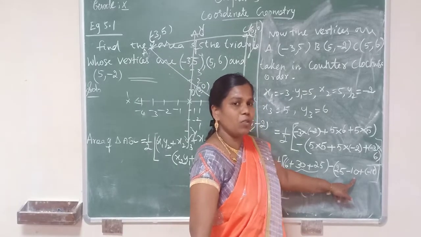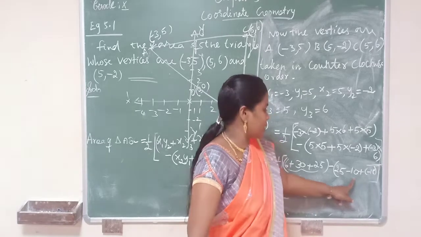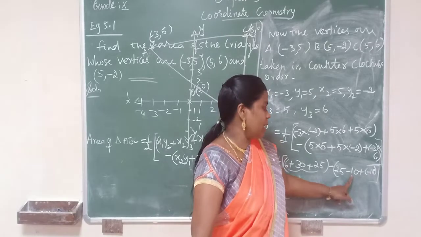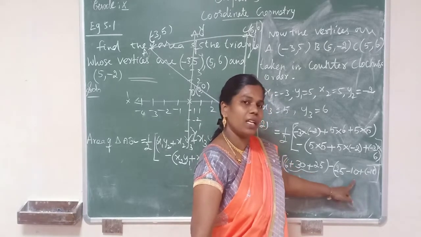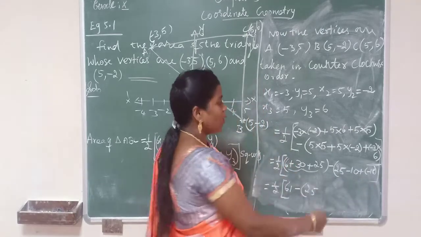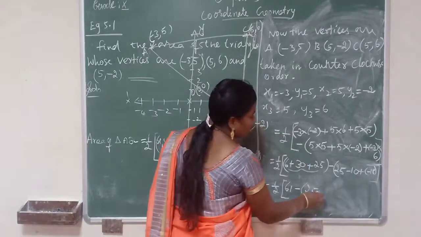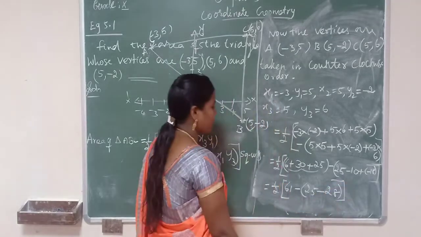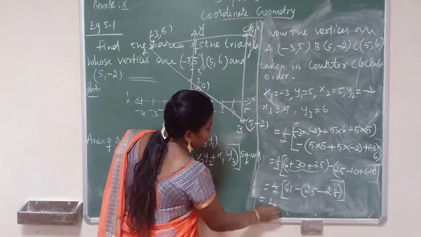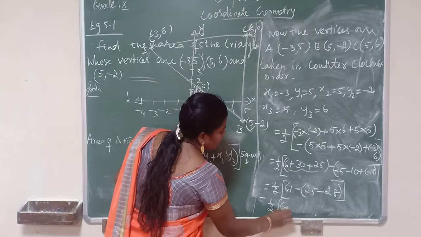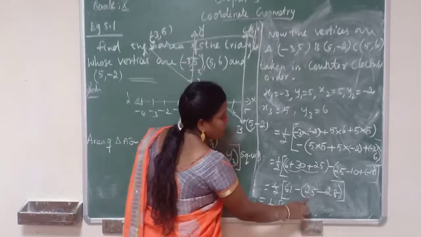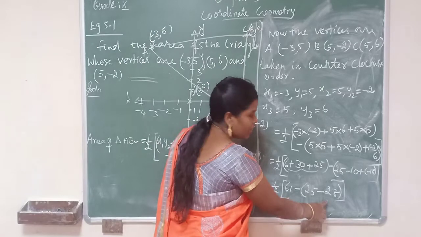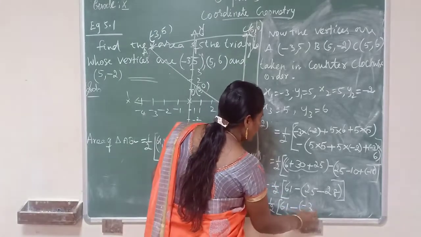When we multiply two minus signs, we get the plus sign. So minus 10, minus 18, we get minus 28. Which is equal to 1 by 2 into 61 minus 25 minus 28. We get minus 3. Okay.